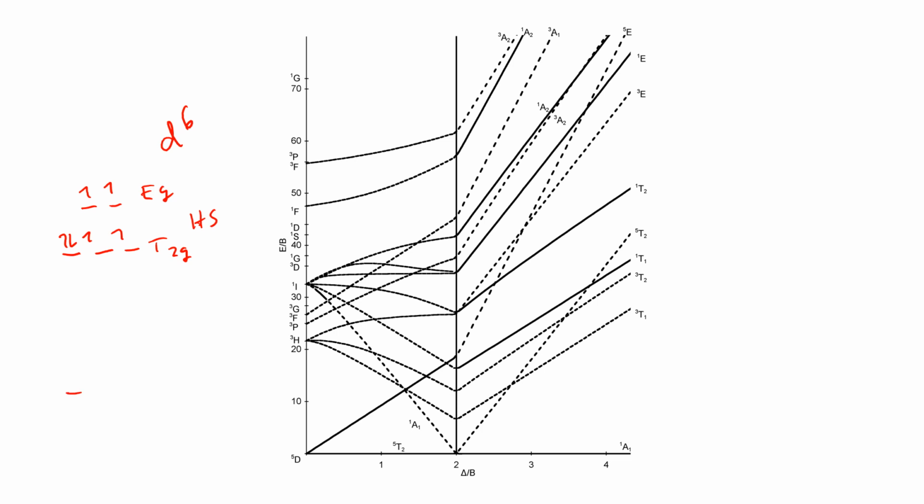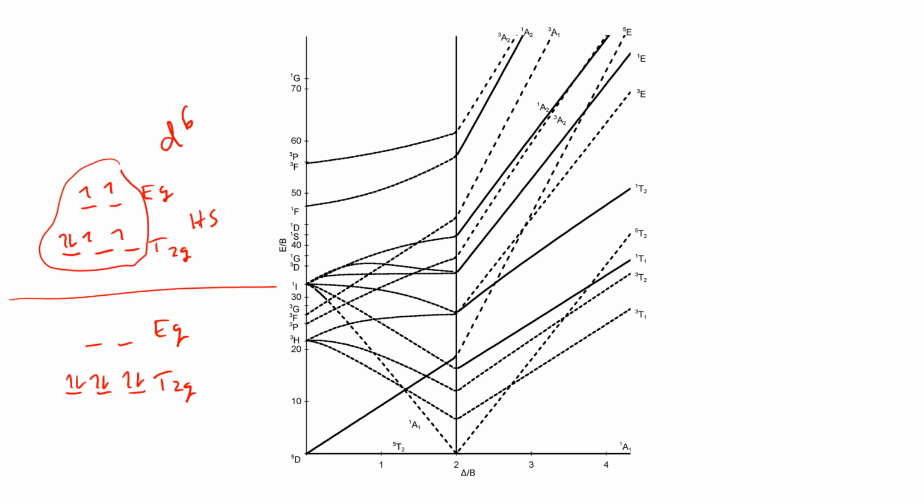Or they can be filled in a low spin configuration. And in between these two, there's a complete discontinuity because this has 4 unpaired electrons, while the lower diagram, that low spin configuration, has 0 unpaired electrons. That changes the multiplicity in the ground state.